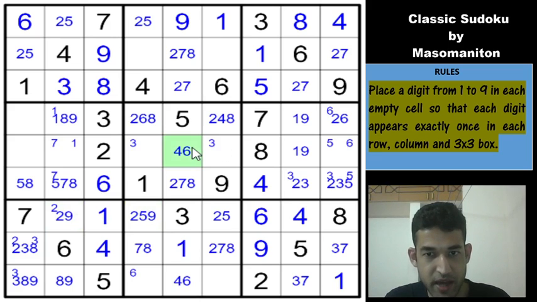I have a 4-6 pair in column 5. Is that helping me?